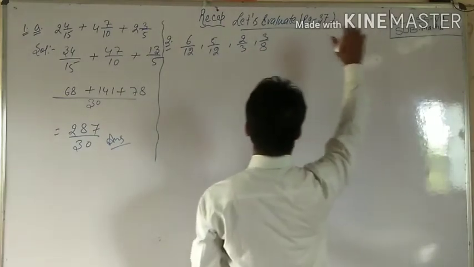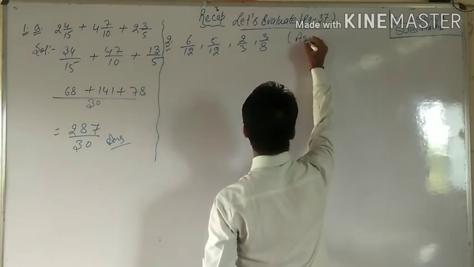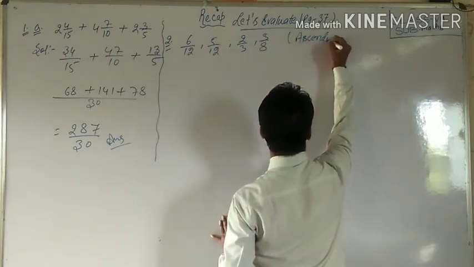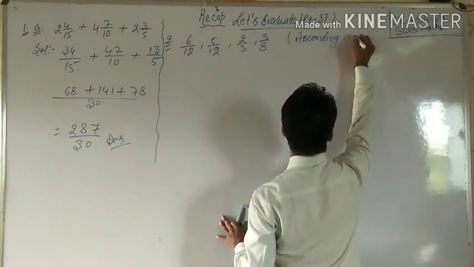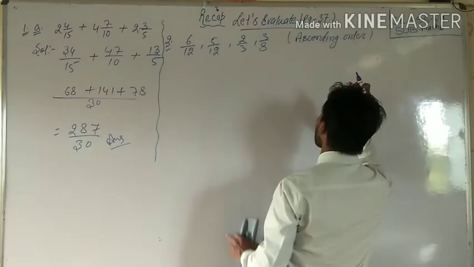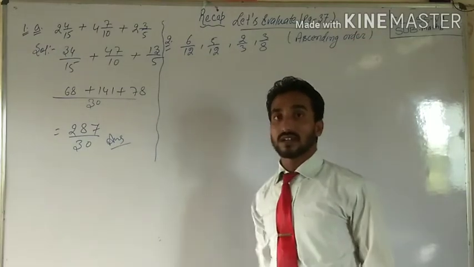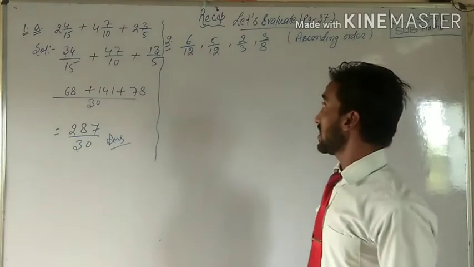We have to arrange them in ascending order. Do you know what ascending order is? From smallest to largest.